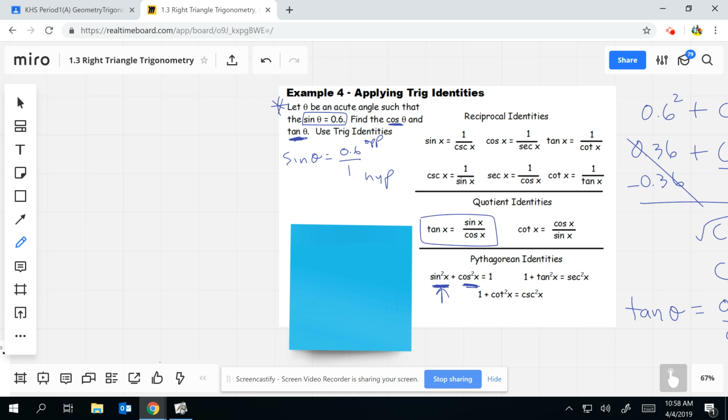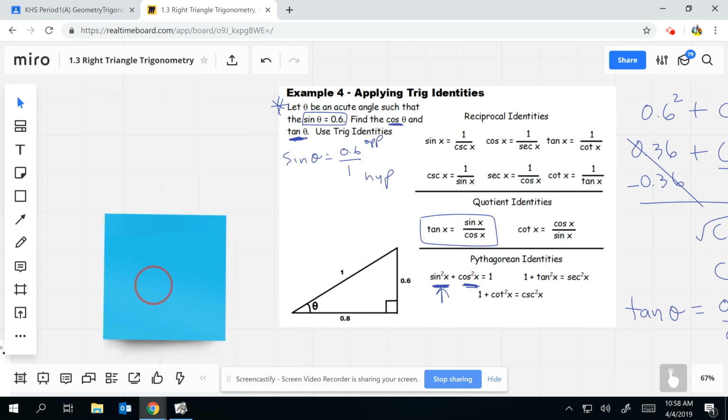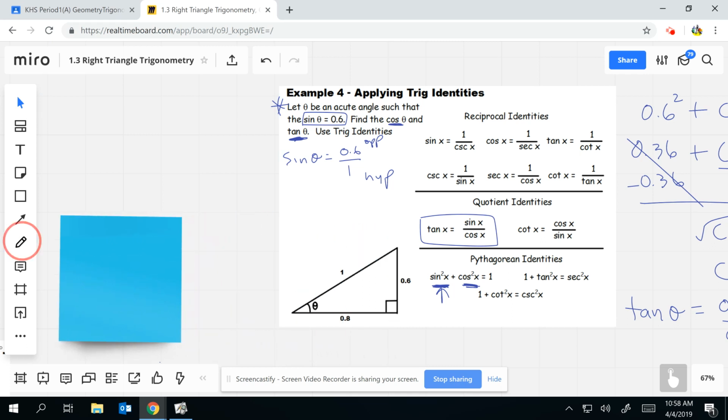You could have other things that would equal 0.6, like 3/5 or whatever, but we could say that the opposite side of my theta is 0.6 and the hypotenuse is 1. So I drew a triangle that had a theta in it. It had an opposite side of 0.6 and it had a hypotenuse of 1. And when we did the Pythagorean theorem, you would get 0.8 as your bottom side.